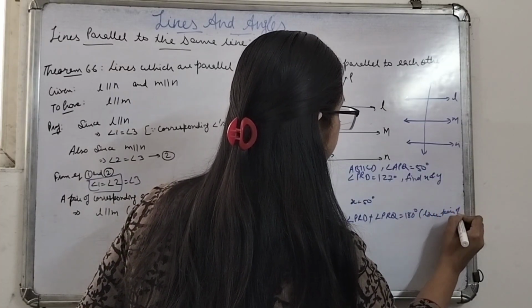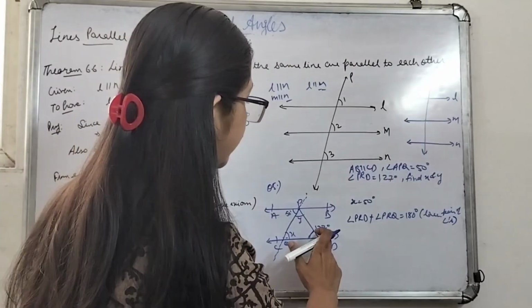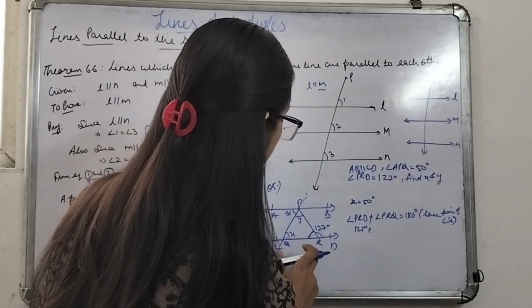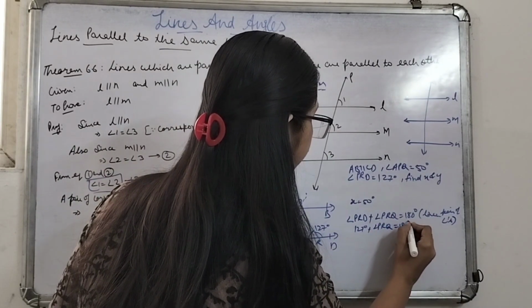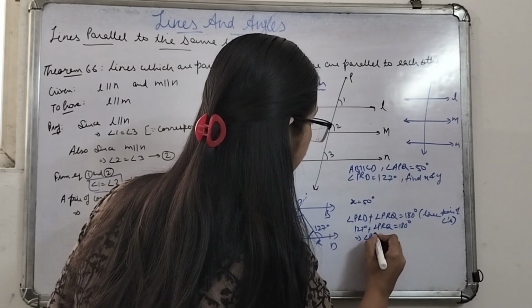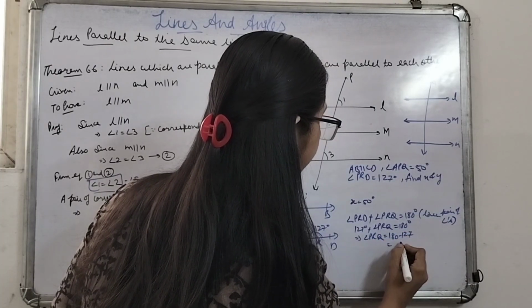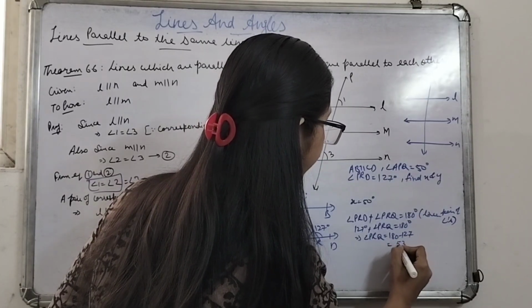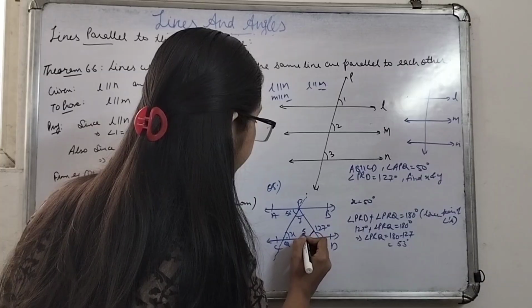So the sum of these two angles will be 180 degrees. Now this angle is given to us as 127 degrees, and we are taking PRQ as angle PRQ only. Sum of these two is 180 degrees. So angle PRQ will be 180 minus 127, and here it is 53 degrees. So this angle will be 53 degrees.